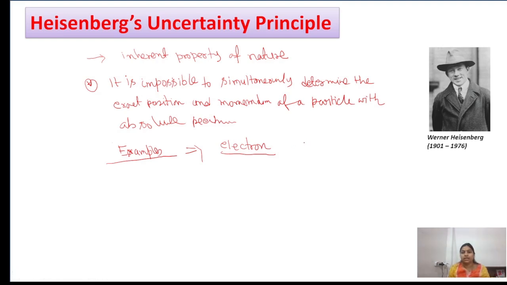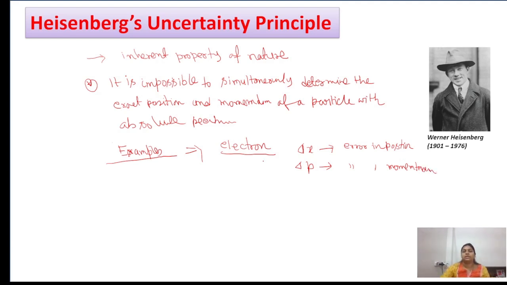Let's take delta x as the error in determining the position, and delta p as the error in momentum at the same instant.